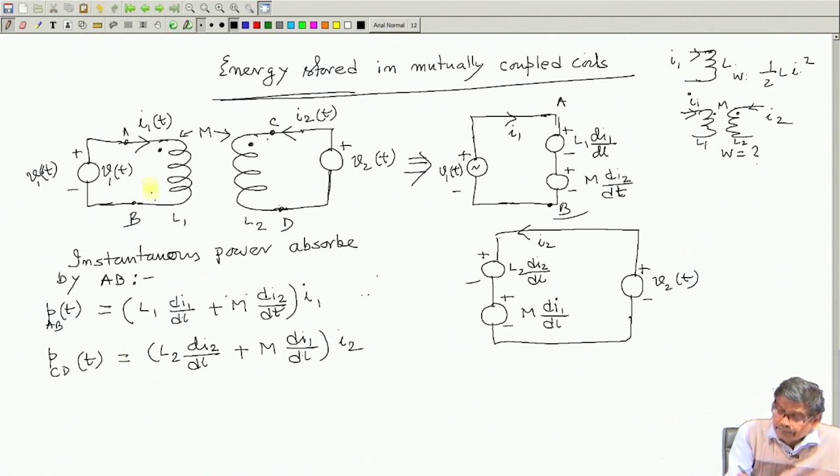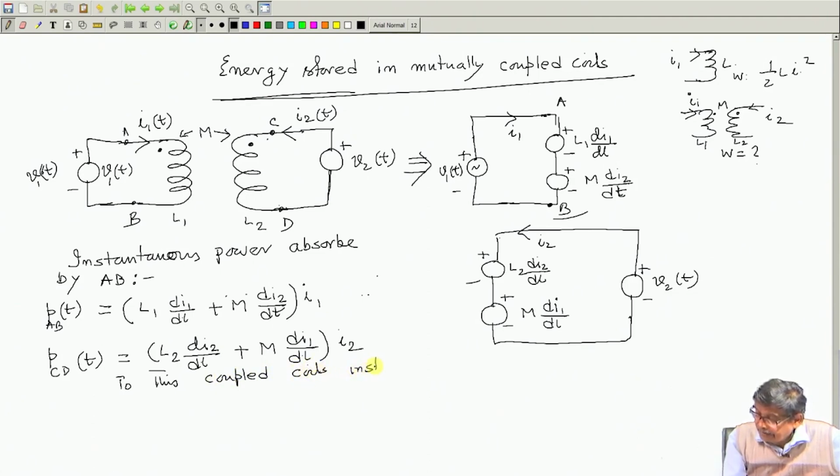Therefore, to this system ABCD, to the coupled coils, the instantaneous power absorbed will be equal to the sum of these two, is it not?